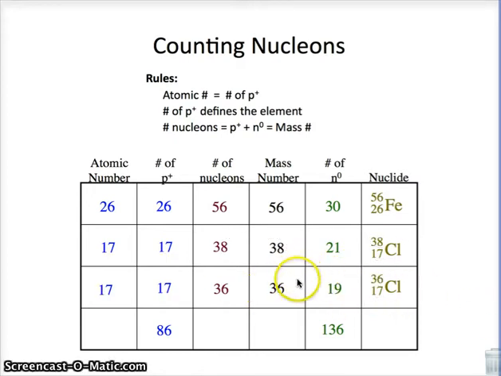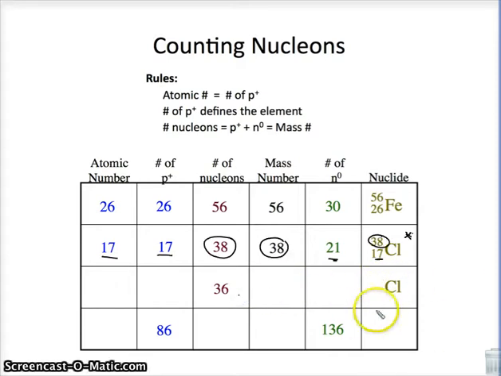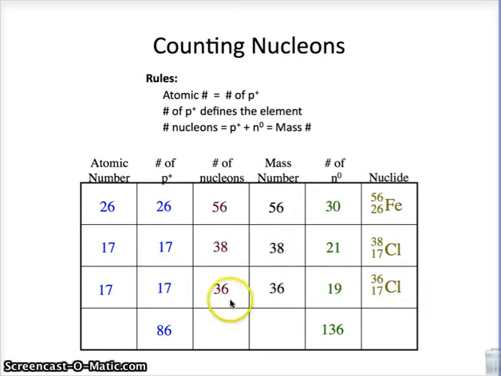Alright, so now when we go to this next slide, you can see that you were given the nucleons and the nuclide symbol. Well, if I know the nucleons, I know the mass number. If I know the symbol, I know the protons and the atomic number. Now notice here we have the exact same element with a different mass.